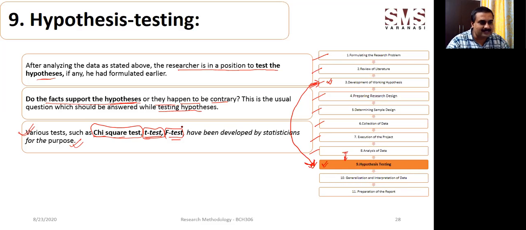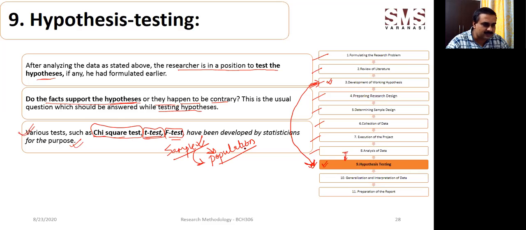While testing a hypothesis, we work on a very basic principle: we work on a sample and we try to generalize it to the population. If a particular conclusion is made on the basis of a sample, we try to generalize that this particular finding or hypothesis is also going to hold for the population.